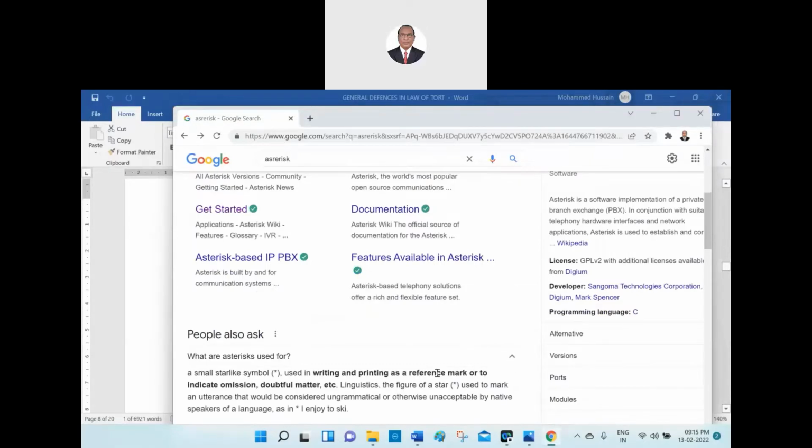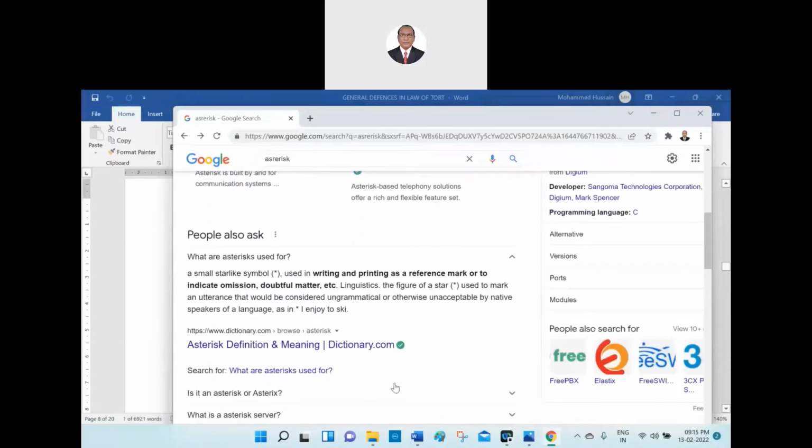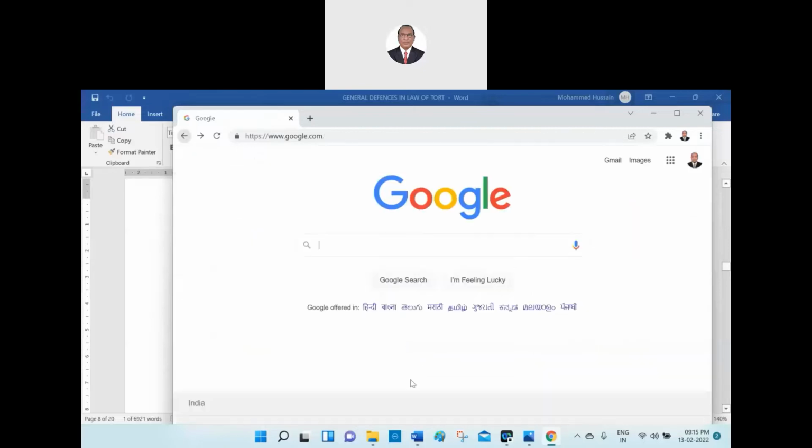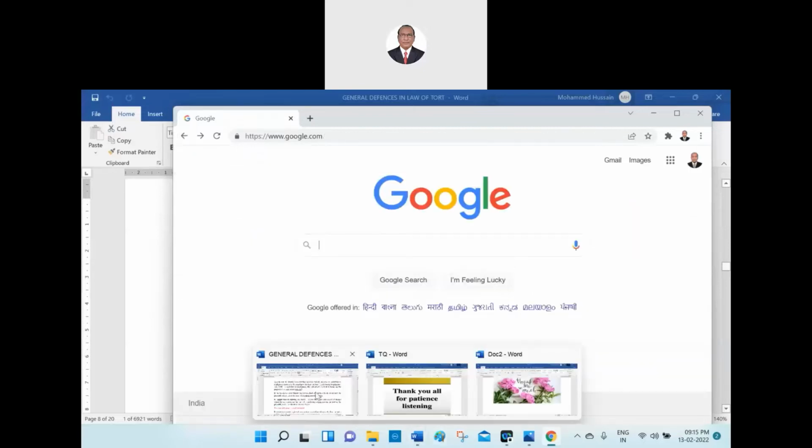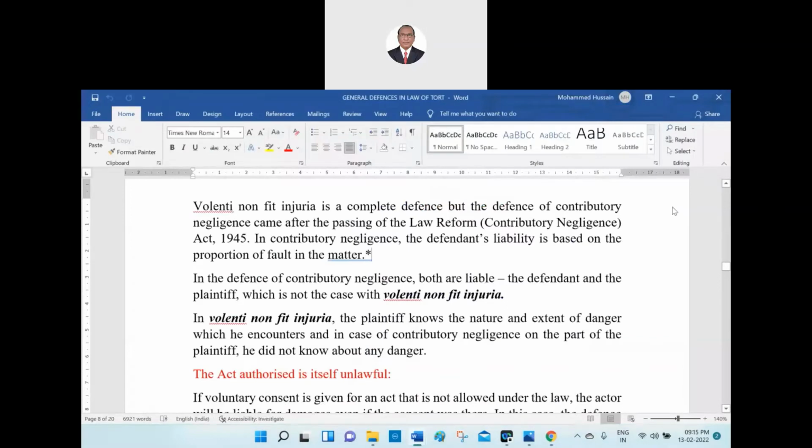It is a small star-like symbol used in writing and printing as a reference mark to indicate omission or doubtful matter, or in linguistics to mark an utterance that would be considered ungrammatical. I showed that sign because I dealt up to that extent in my last class. So that is the sign I put over there.